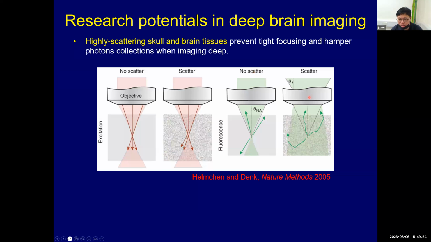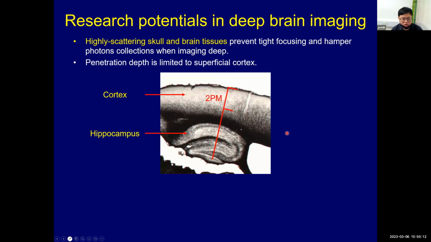But when there's scattering, some of the light coming from the surroundings might also propagate back to your detection. You can say these are background noise that will hamper how well we can image structures deep inside the tissue.